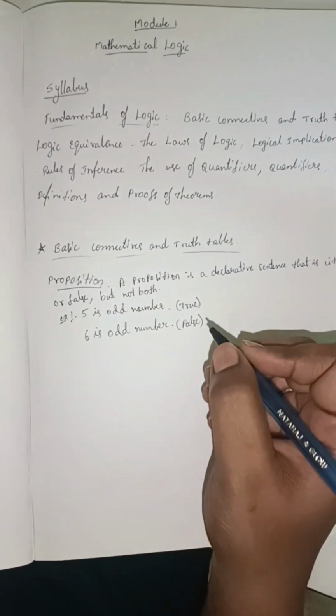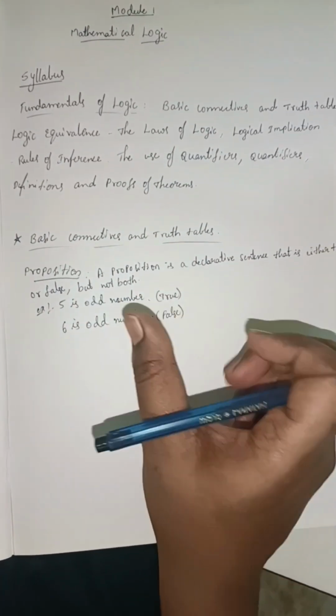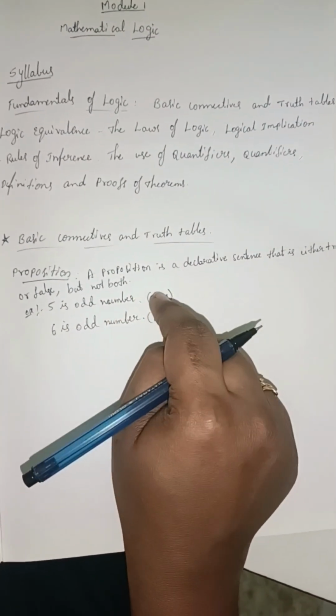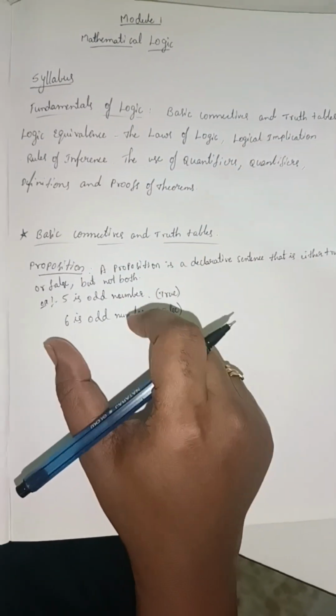These are the examples. We tell it is true or false, but if one sentence is both true and false, we can't tell. Okay, this is called a proposition.